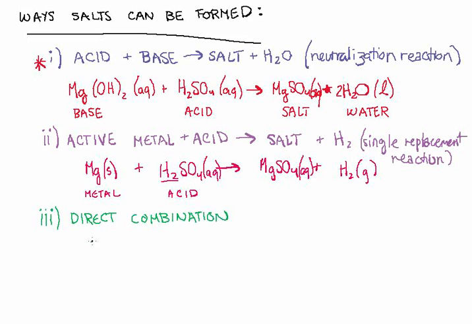So for instance, if we were to take some iron, let's say, and I were to add to that some sulfur, and I were to heat those up together in a crucible or something, what I would get is iron 3 sulfide, which is, guess what? A salt. So sometimes what will happen is that you'll simply get two elements straight up combining with one another to give you a salt compound. That is certainly not unheard of.